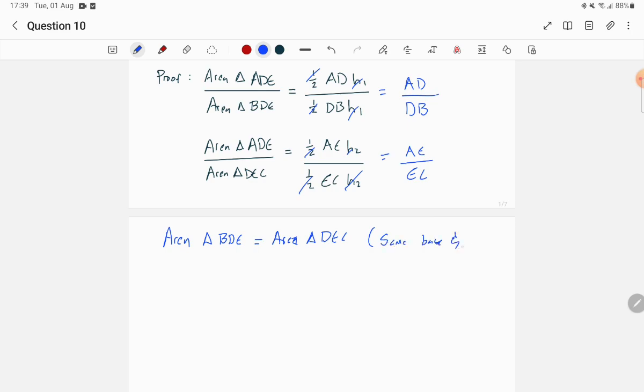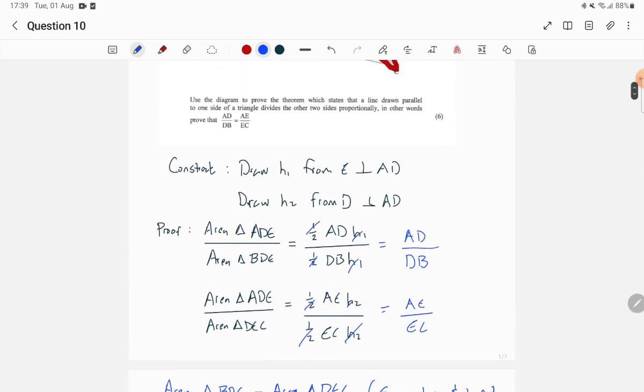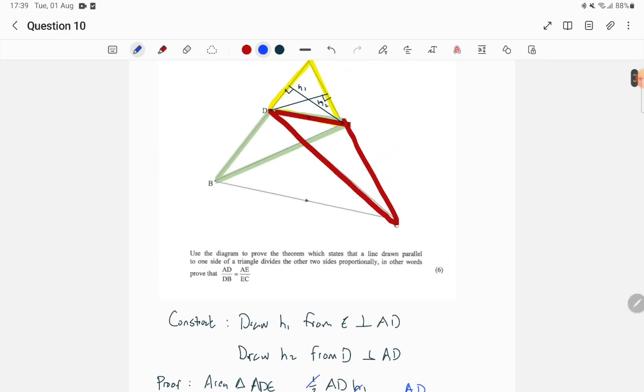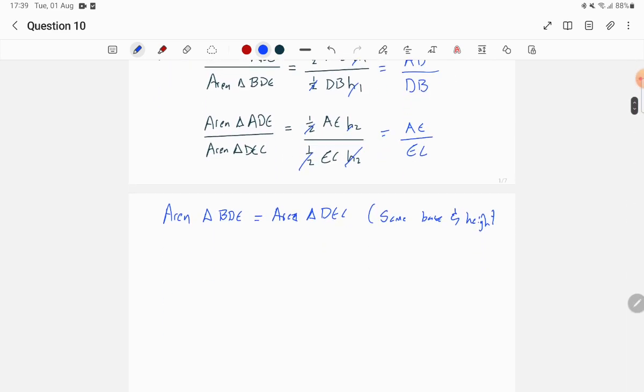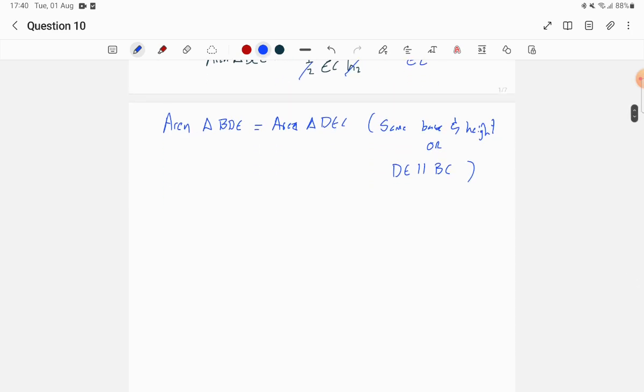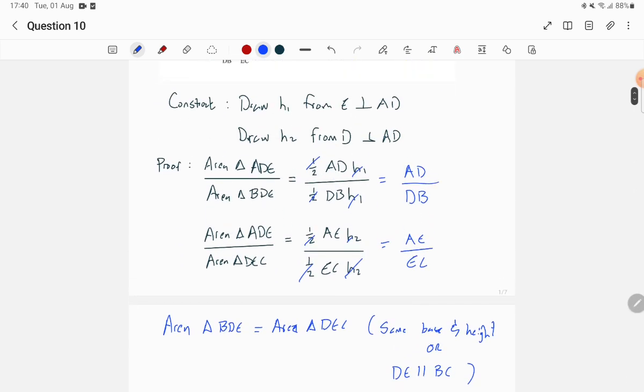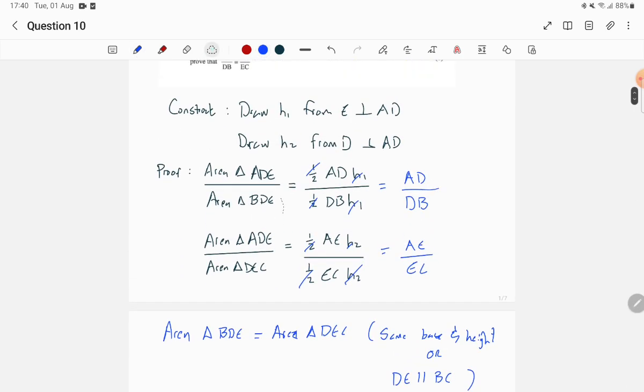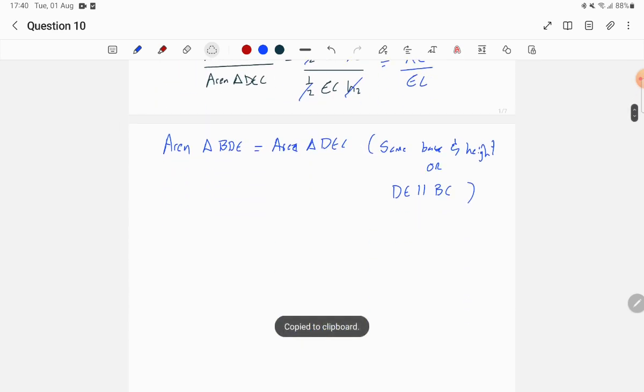Or the other reason we can also say is the fact that DE is parallel to BC. And that is our reason as to why those areas are equal. So therefore, we can bring these two down because they are essentially equal now.